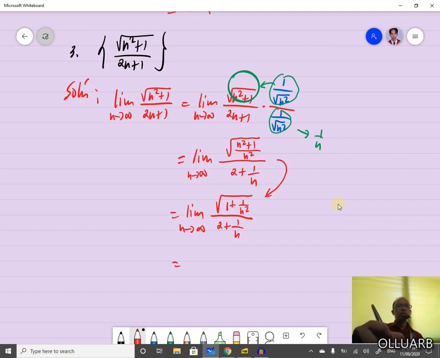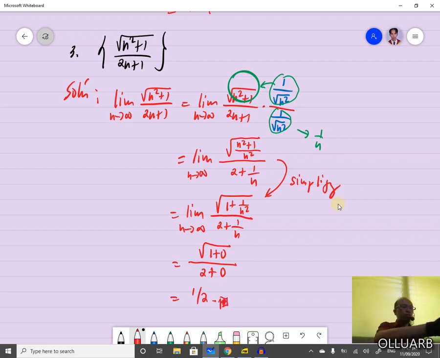From here, simplify, so this is the square root of 1 plus 0, over 2 plus 0, and this is 1 half. So our answer is 1 half.